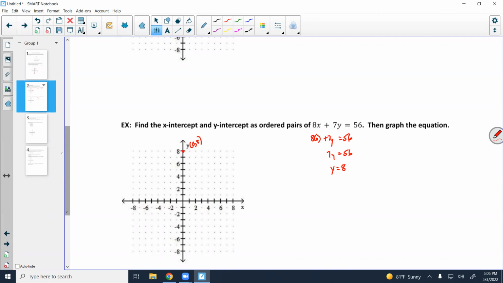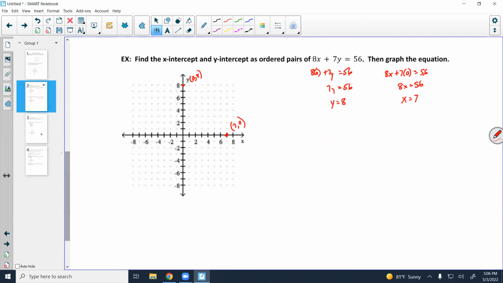To find the x-intercept, we set y equals 0. So I have 8x plus 7 times 0 equals 56. 8x equals 56. So x equals 7. So (7, 0) is my x-intercept.